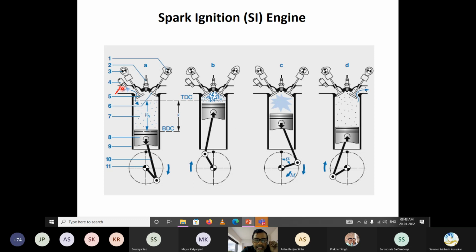What would be the fuel injection timing? That you have to decide. It depends upon several parameters. Whether it is a liquid fuel or a gaseous fuel has a certain effect on the combustion parameters. In general, I can tell you the thumb rule for gasoline: it is injected in the beginning of the exhaust stroke.